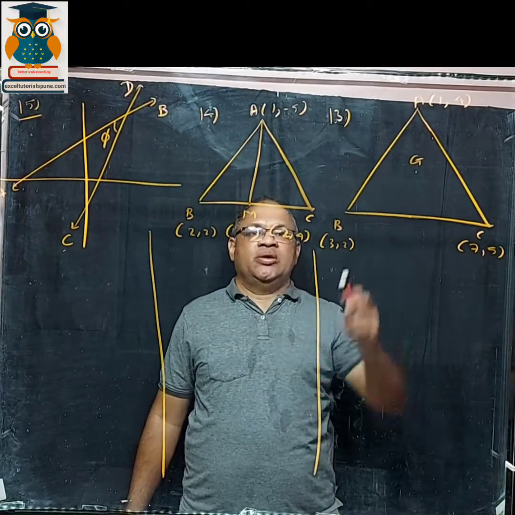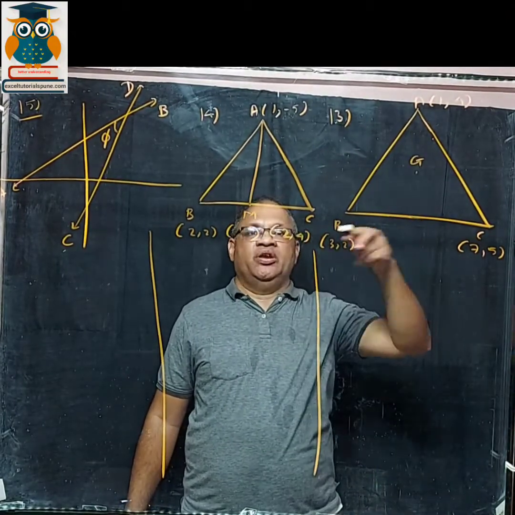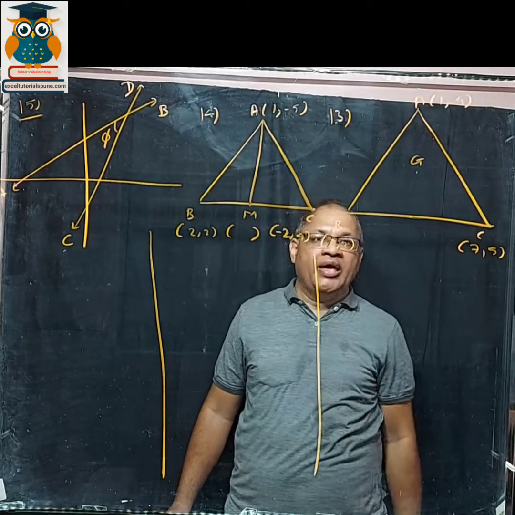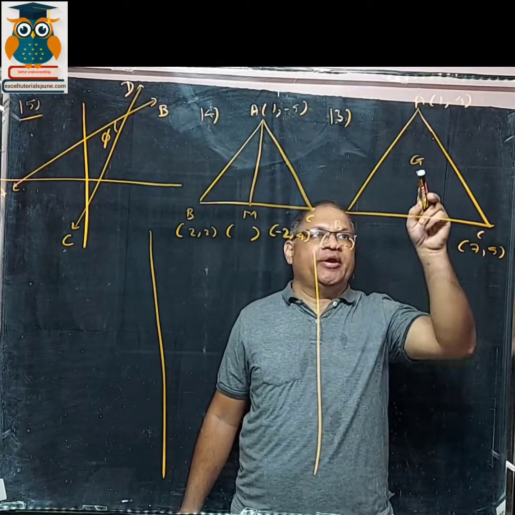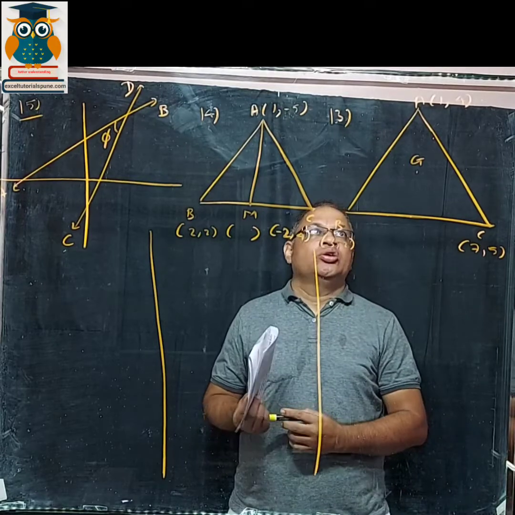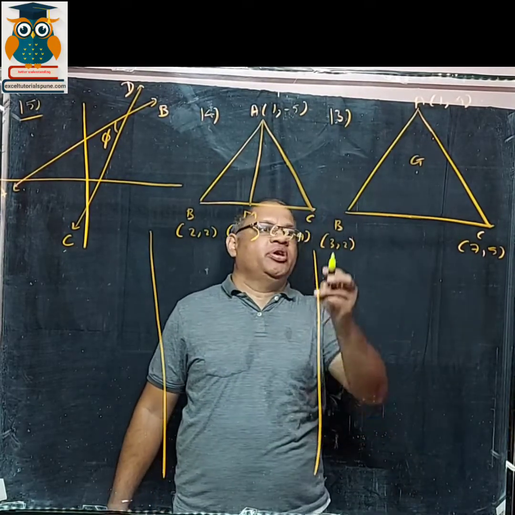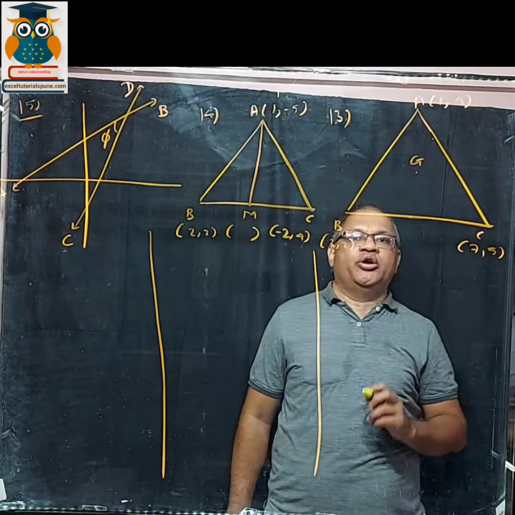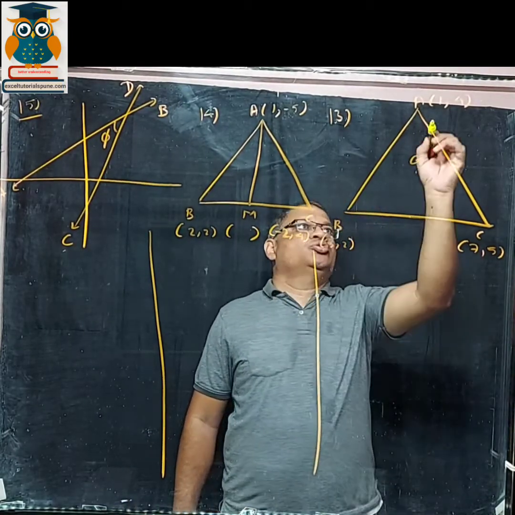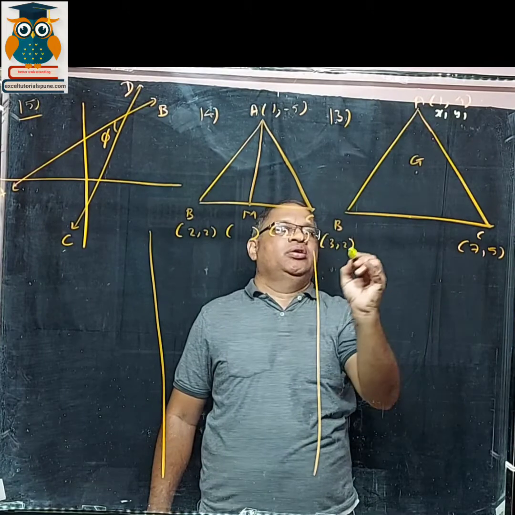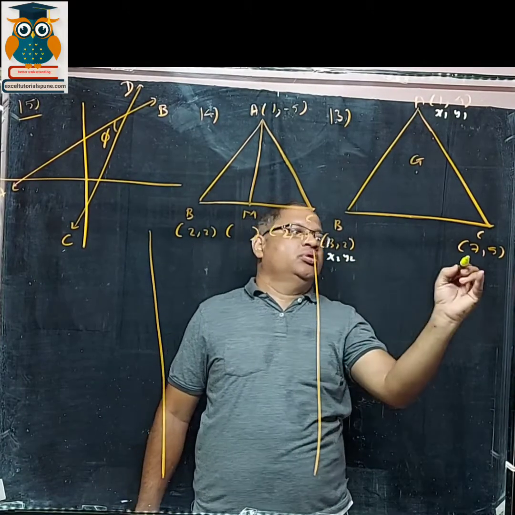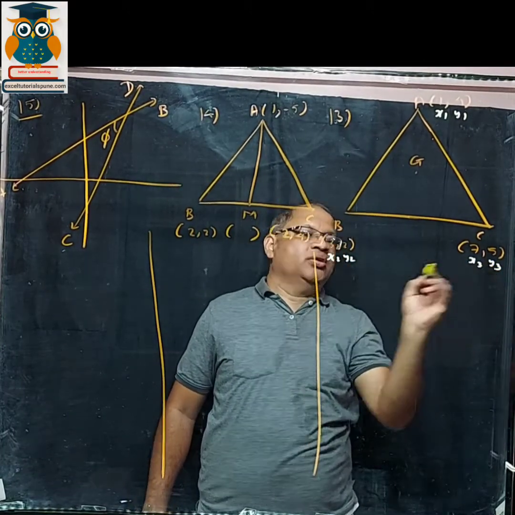Alright. The 13th sum. Now in the 13th sum, the coordinates of A, B, C are given and you have to find out the centroid, center of the triangle. So A's coordinate is (1, 4), B's coordinate is (3, 2), C's coordinate is (7, 5). So take this as x1, y1, x2, y2, x3, y3.